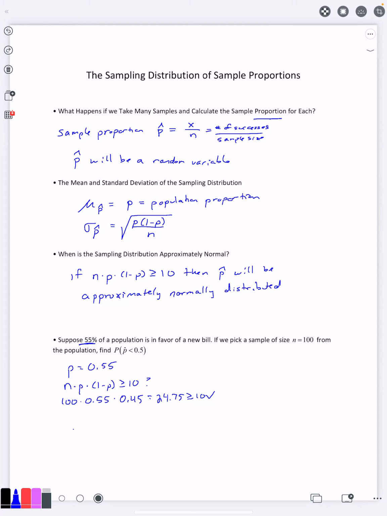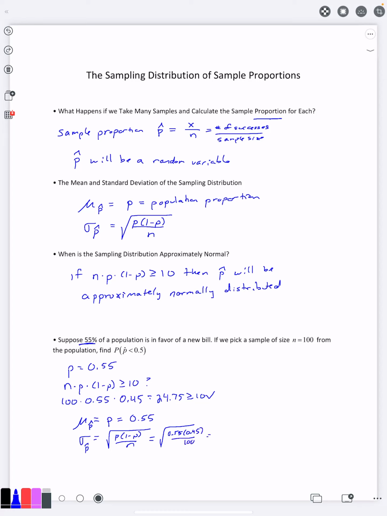But before I can do that, I need to know what the mean and standard deviation are. Well, the mean of P hat is just the same as the population percentage. And the standard deviation of P hat is the formula right above here, P times 1 minus P over n inside a square root. So we have 0.55 times 0.45 over 100 square root.